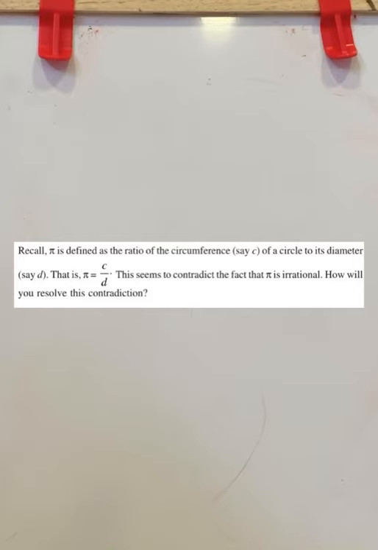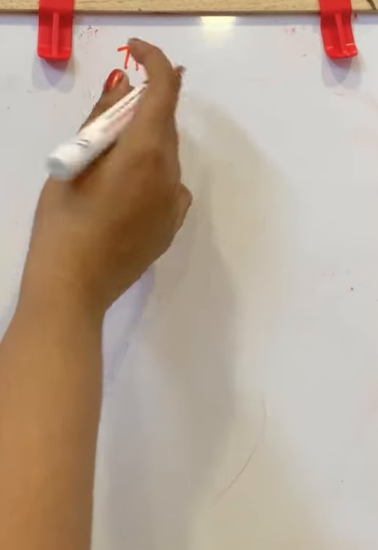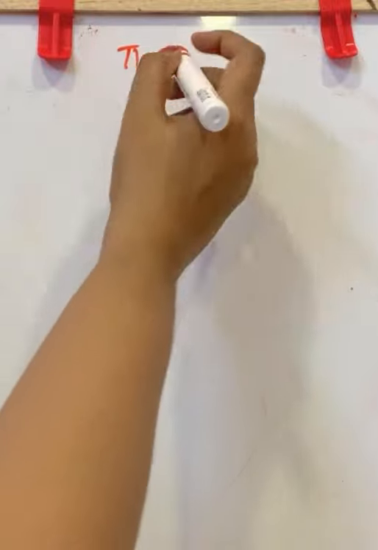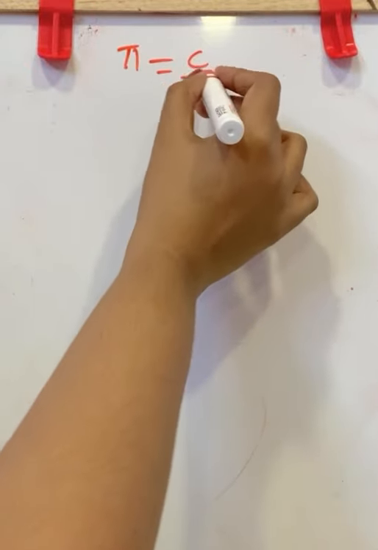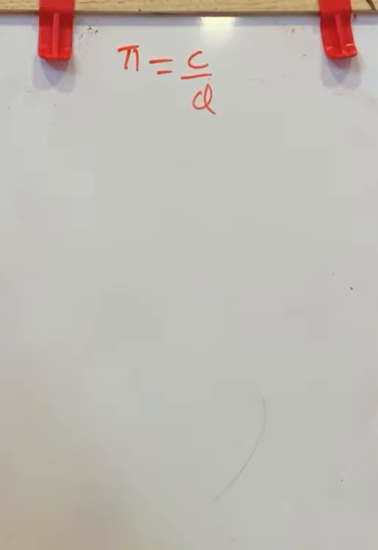Next is, recall pi is defined as the ratio of the circumference of a circle to its diameter. Here circumference is c and diameter is d. Then pi is the ratio of circumference and diameter, that is pi is equal to c by d. This seems to contradict the fact that pi is irrational.